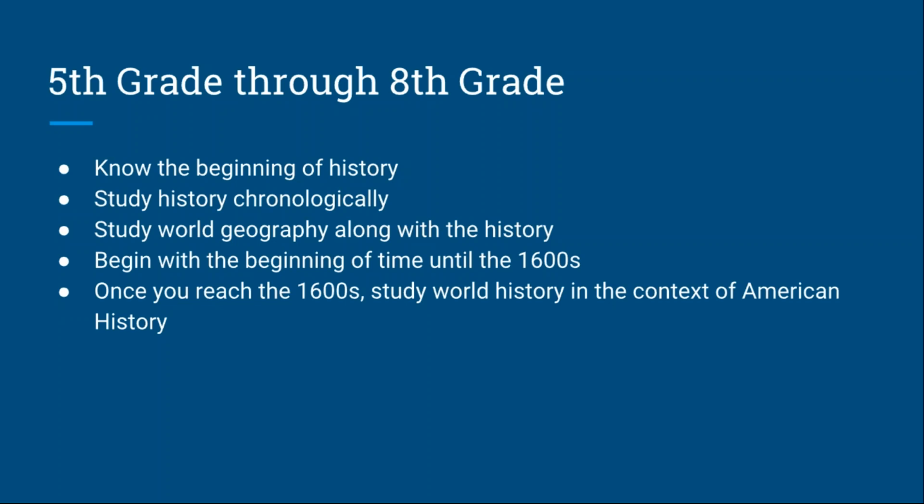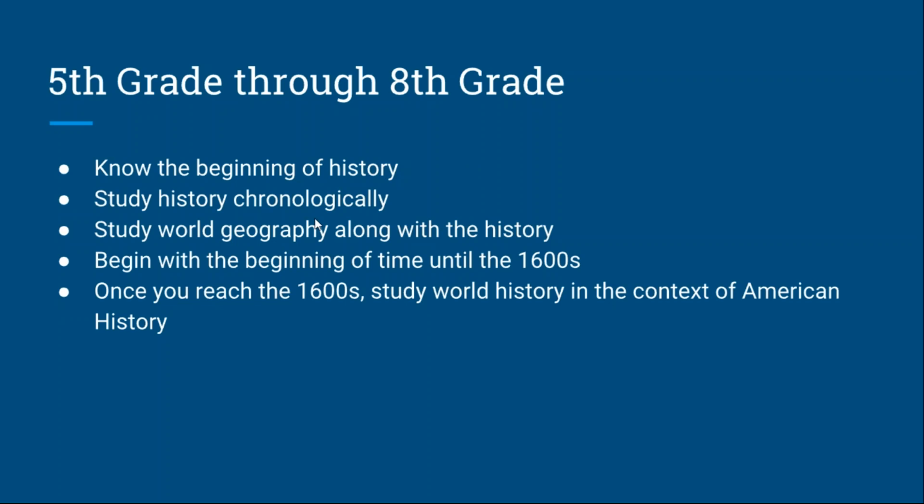And then when you reach the 1700s, what I would do is first study what happens from 1700 to 1800 in the context of America, and then go back and say, okay, while America was fighting the Revolutionary War, this is what was going on in England, Asia, Russia, and teach what is going on in those countries during that time of American history.